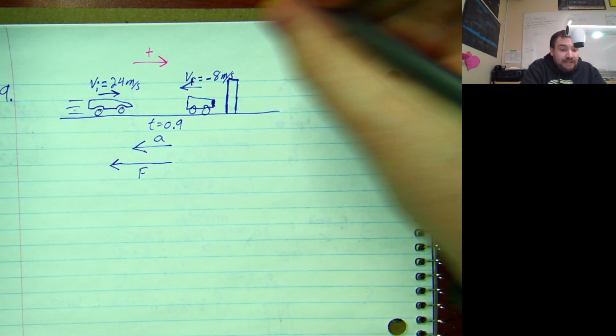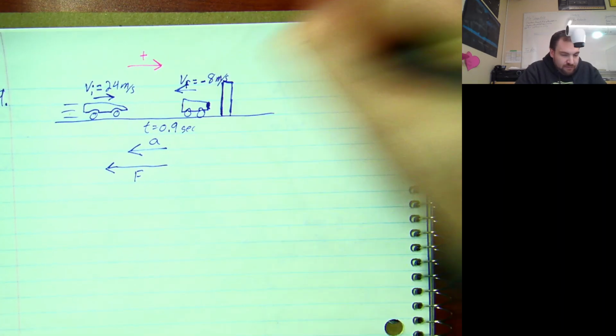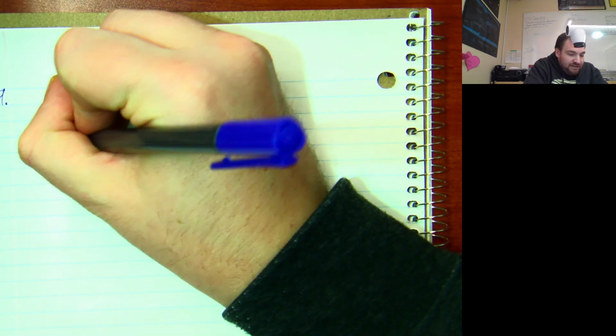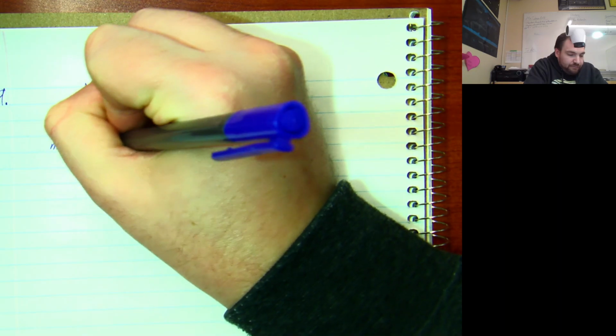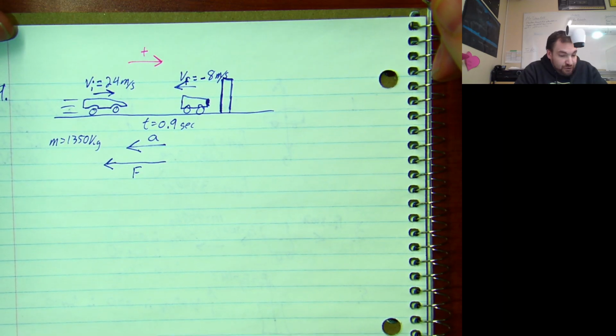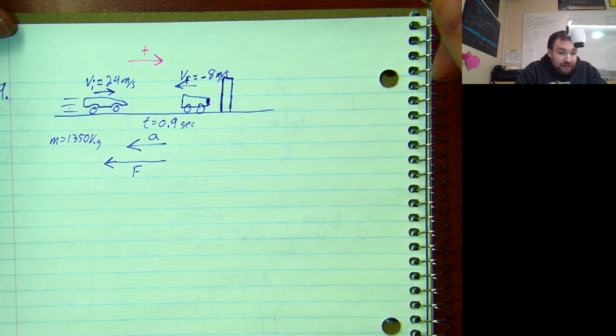No, 0.9 seconds. So we can find the acceleration. Connor, you also said the car weighs 1350 kg, the mass is 1350. It's my Corolla. There is F net. We're looking for F net, the force exerted on the car by the wall.